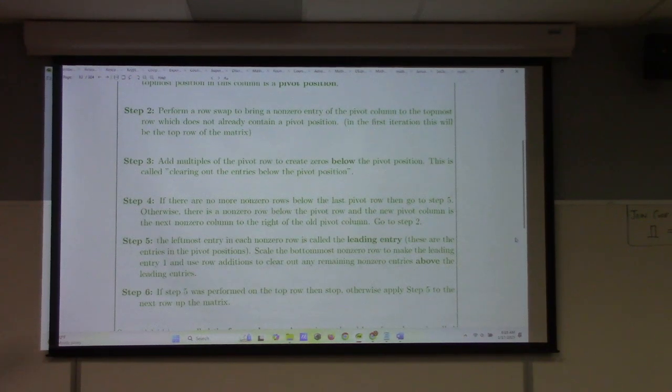All right, so steps 1 through 4 leading to step 5 is called the forward pass. And then past step 5, when we clear out the positions above the pivot positions, is called the backwards pass. Now, I think probably it's best for you just to see me do this for an example. All right, so let's actually do that.